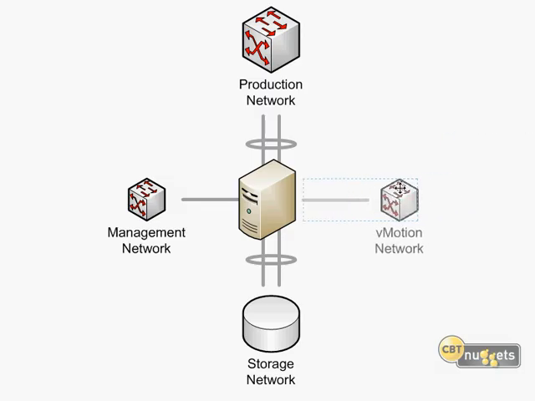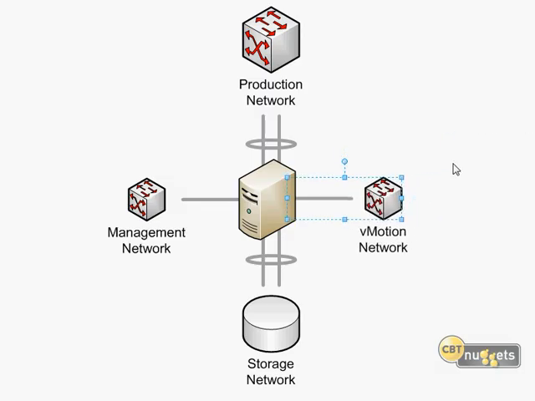There is a fourth type of connection that you can actually bring into an environment as well, and that's a vMotion network. This vMotion network is designed for when virtual machines need to pass from host to host, that we actually separate out the process of transferring that information or the route in which that information transfers from one host to the other onto its own network, so that none of the potential congestion that exists on the production network or on the storage network or even on the management network will impact the process of that vMotion.